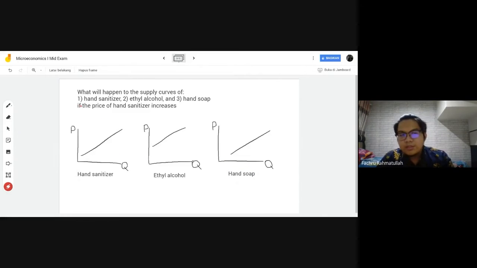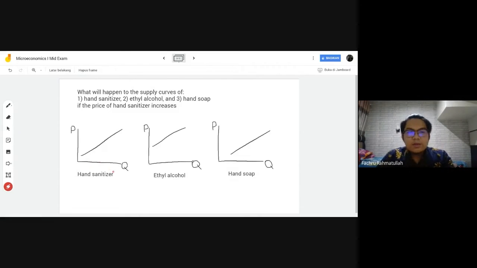So the question is, if the price of hand sanitizer increases, because these are supply curves, we need to think as a seller or a supplier. So we need to make more surplus in our company or our organization or our business.